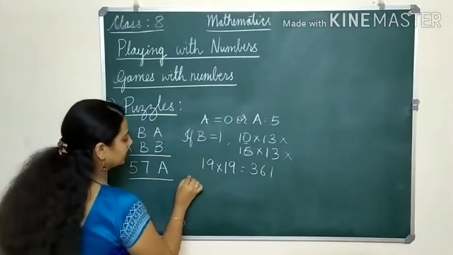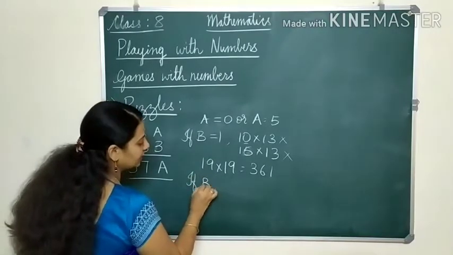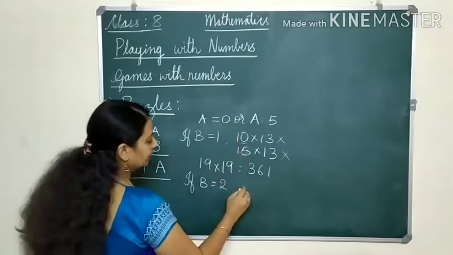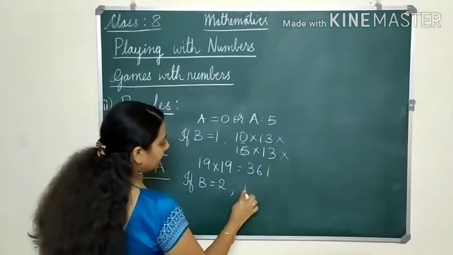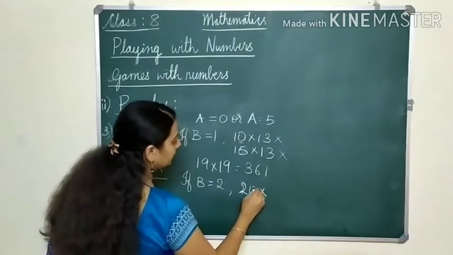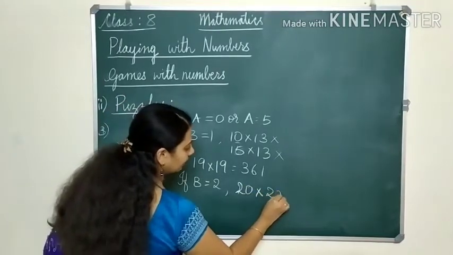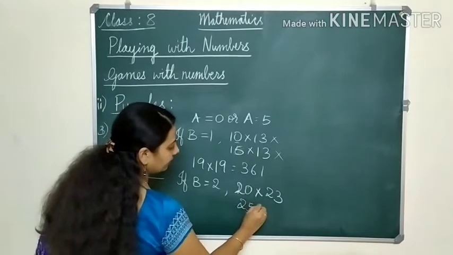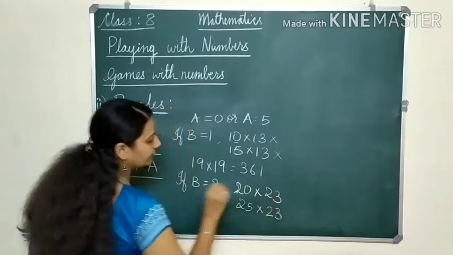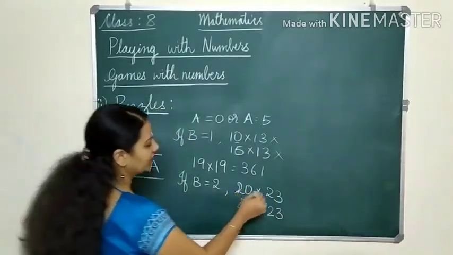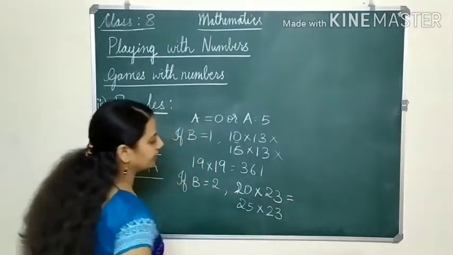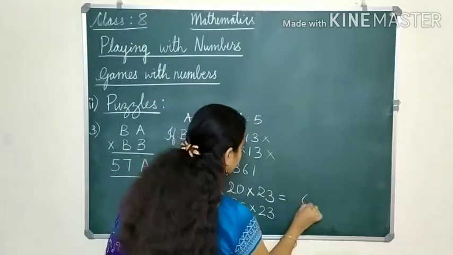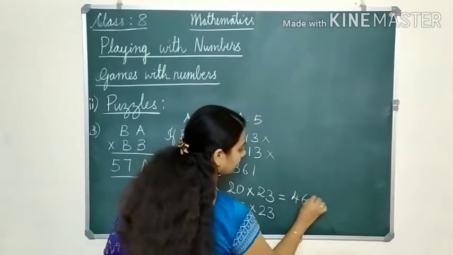So let's consider if B equals 2. Either it has to be 20 into 23 or 25 into 23. 20 into 23 is how much? 2 3s are 6, 2 2s are 4, 460.